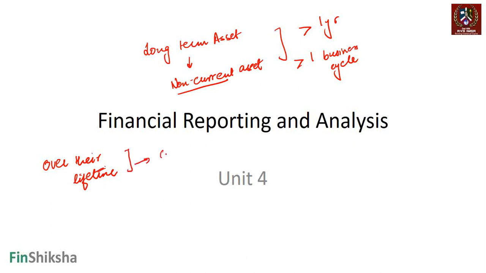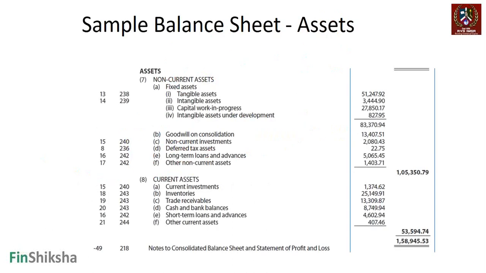At some point in the future, all these assets would basically create cash, and hence they are termed as assets broadly, right?